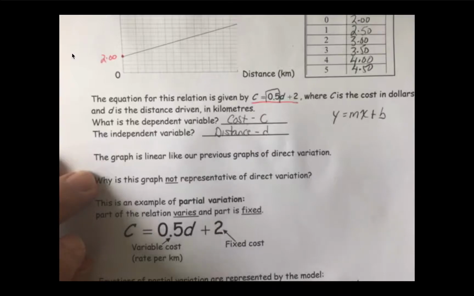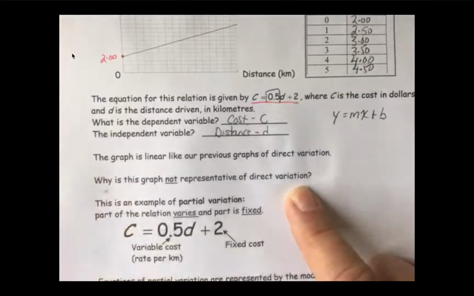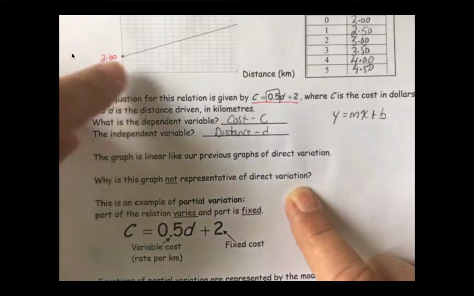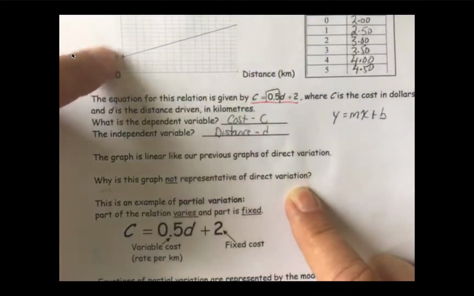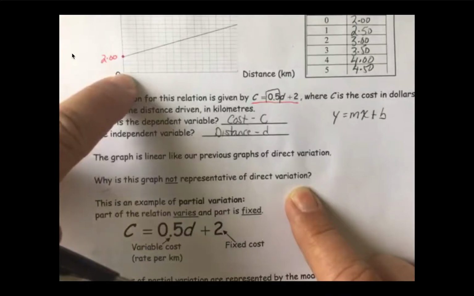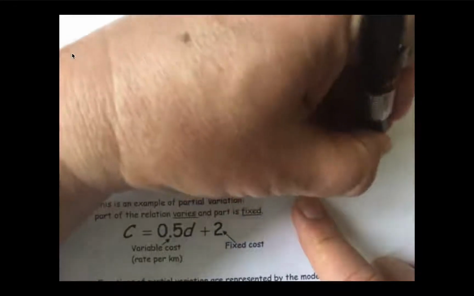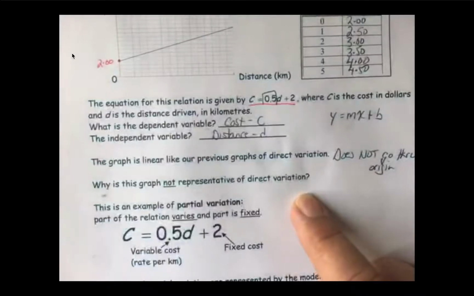And of course, the big difference is that because this is partial variation, in terms of its graphing, the line that represents the relationship goes through some spot on the vertical axis other than 0, other than the origin. So it does not go through the origin.